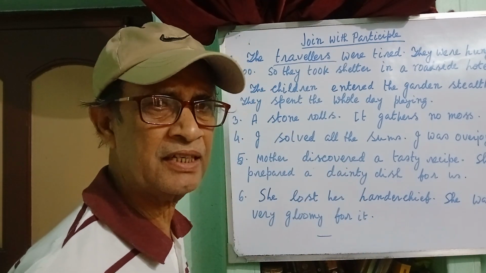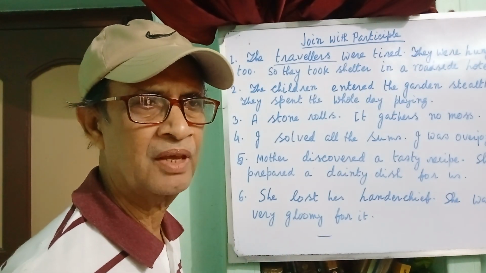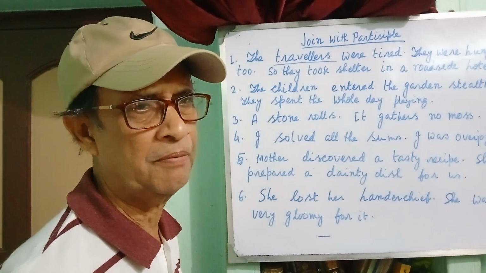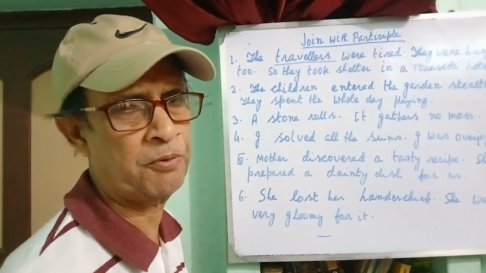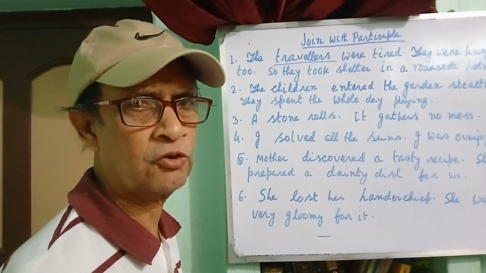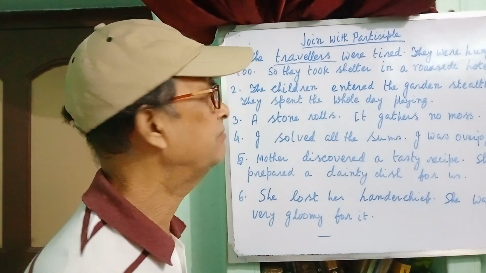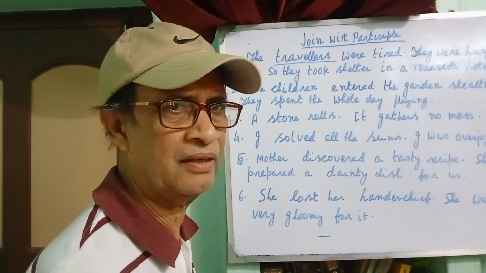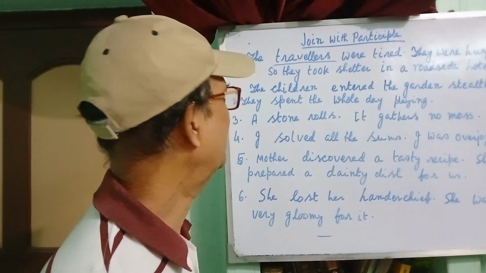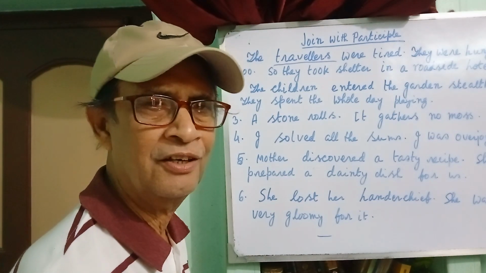So when the subject is the same person or the same object, you are at liberty to use participle. There is no problem. And you must follow the cause and effect relation. First, the travelers were tired, then they were hungry, so they took shelter in a roadside hotel. So let us start.